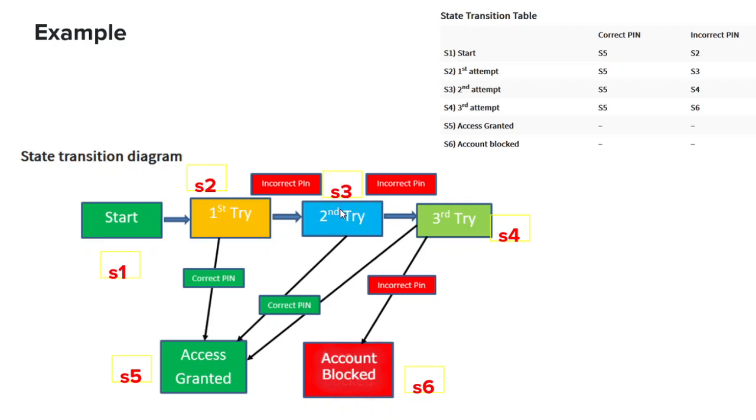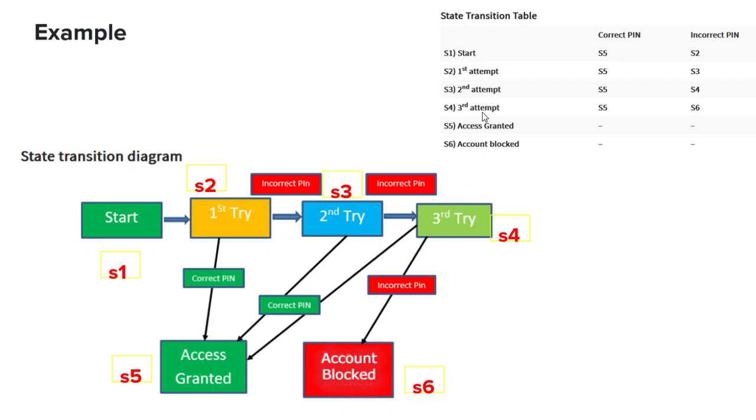In the second attempt, if the user enters the correct pin, then he will go to S5, the access granted state. But if he enters an incorrect pin, then he will go to state 4, that is the last attempt, the third retry attempt.